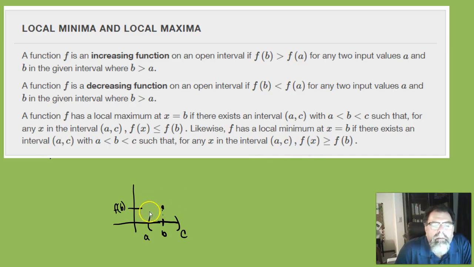So if we have something here, it has to be above that point. It's basically going to look like that. F of x is bigger than f of b. So this is a local minimum.